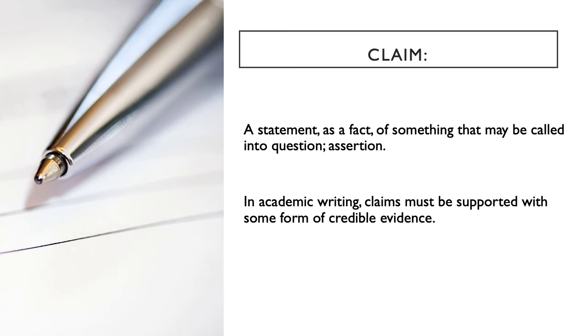So if I say the sun will rise at 5:42 a.m. this morning, I'm making a claim, and I can back that up with credible and reliable evidence. All right? So you are going to be making some claims based on what you're reading in these sources. And that's why citing your sources is so important, to show your readers that the evidence you are using is sound, it's reliable.